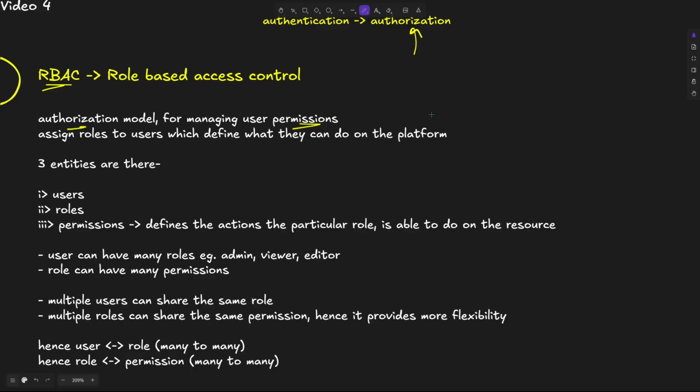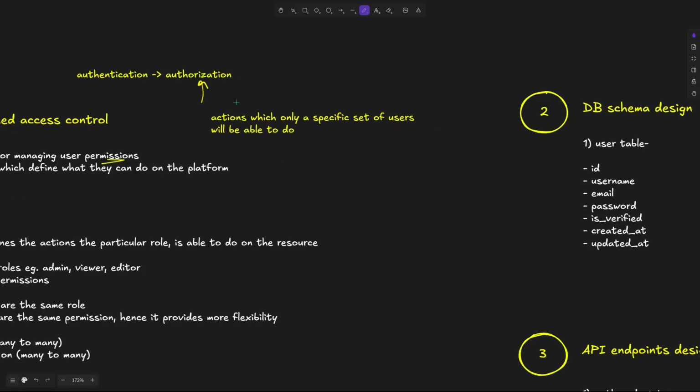In your platform, you are going to have a lot of users, and there are some actions which you want only a specific group of users to have the ability to do. I hope this point is clear.